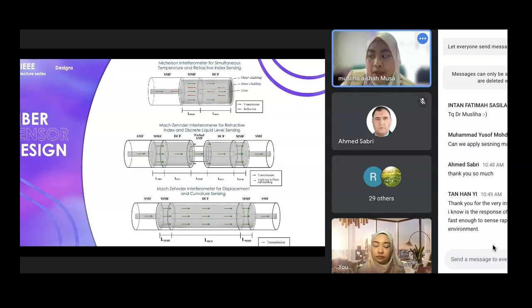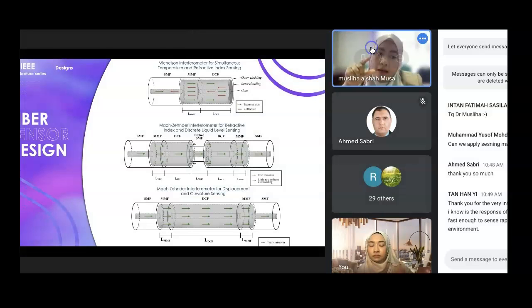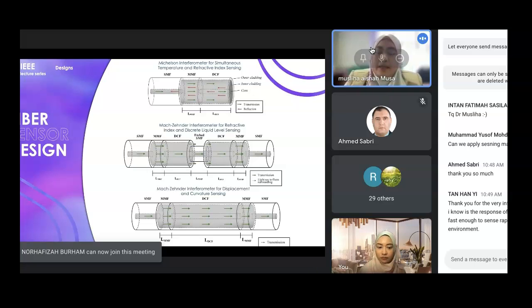Maybe we can get a reading in one second, and then we can choose how many points we want. So it depends on the power of our OSA. So it really can do real time monitoring, but it depends on our detector also.